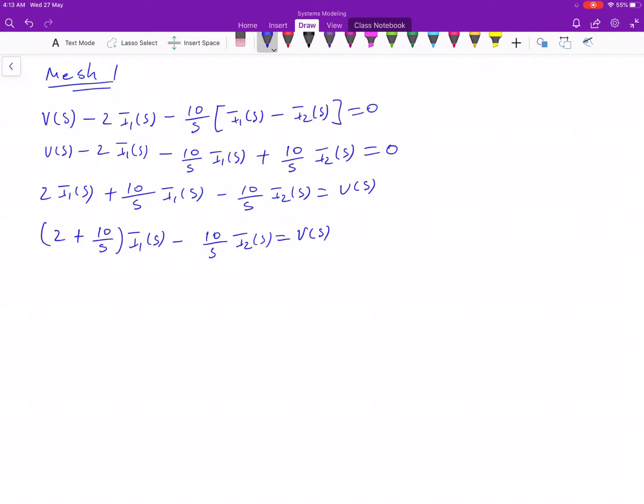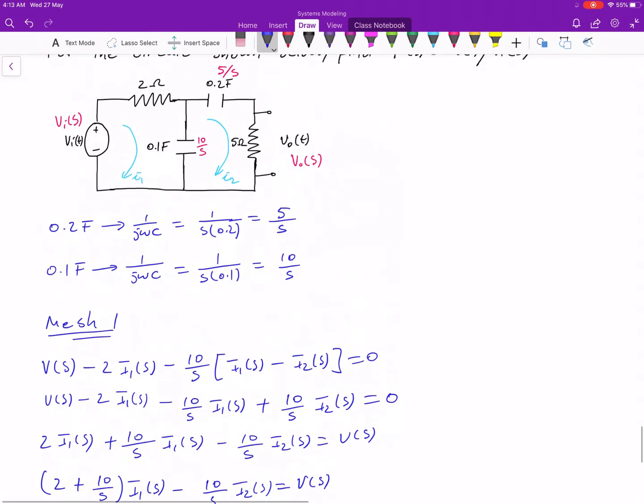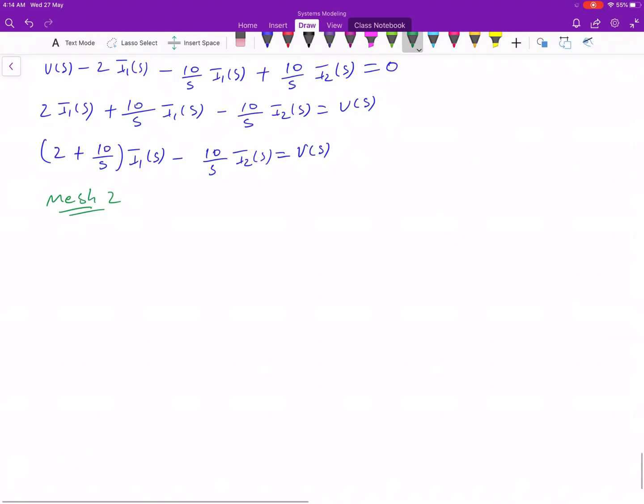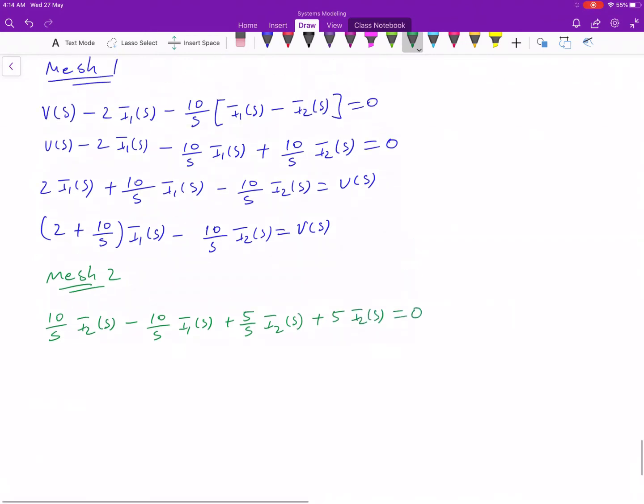Next we are going to look at the second mesh, mesh 2. We have 10 over s times I2 of s, minus 10 over s times I1 of s, plus 5 over s times I2 of s, plus 5 times I2 of s, is equal to 0.